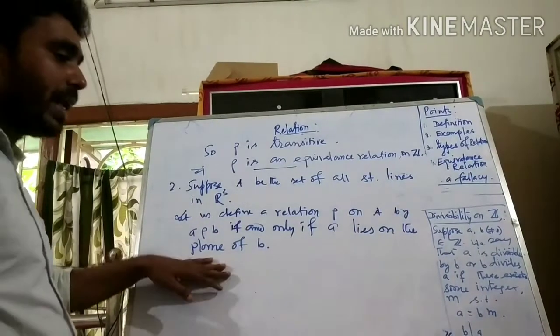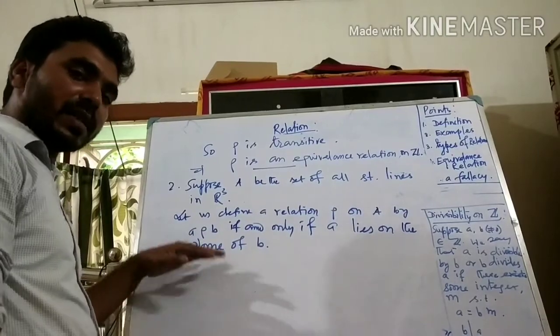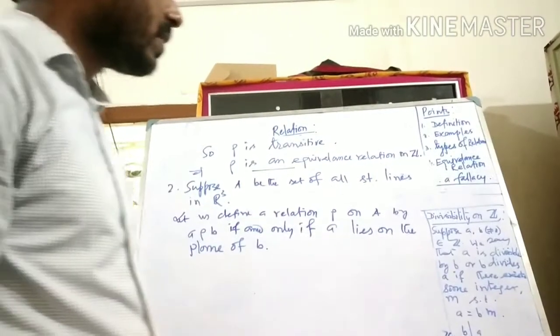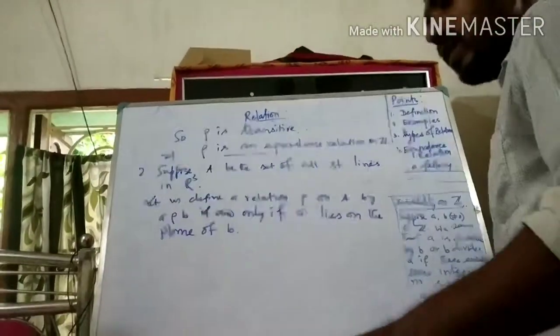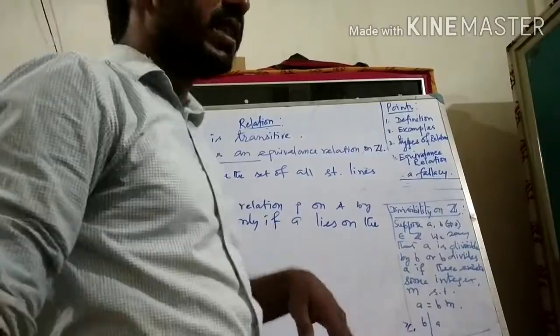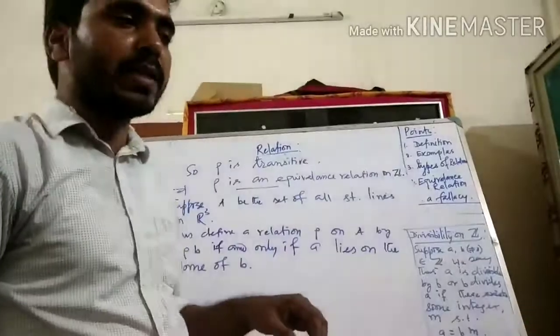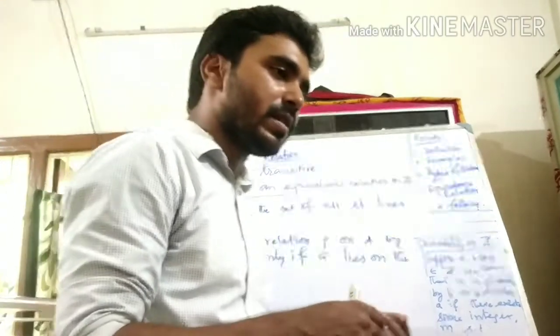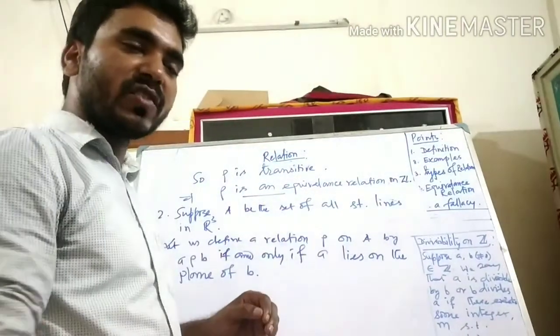What is called a plane? A plane is a surface in three-dimensional space on which you take any 2 points and join them by a straight line.